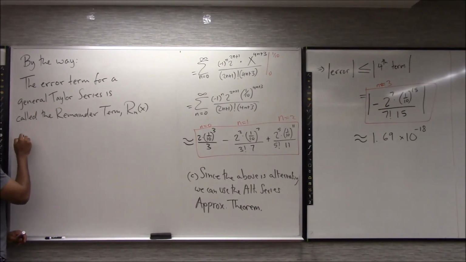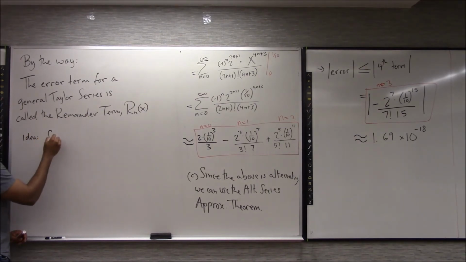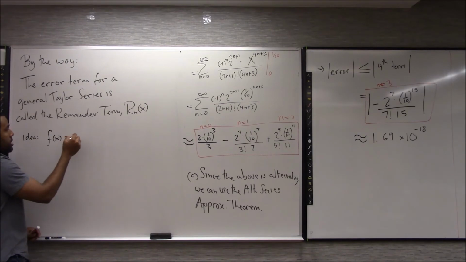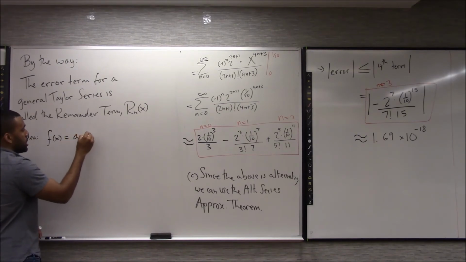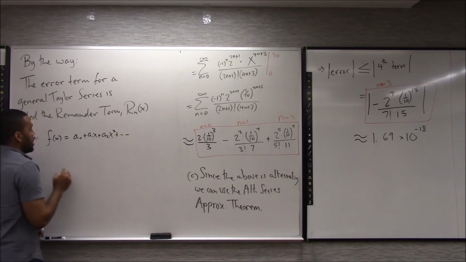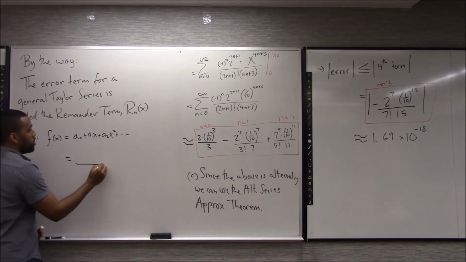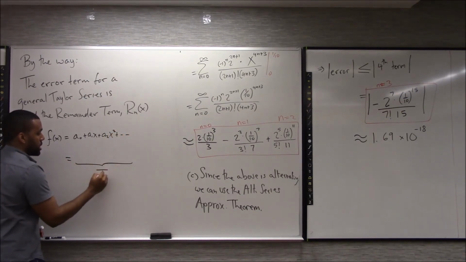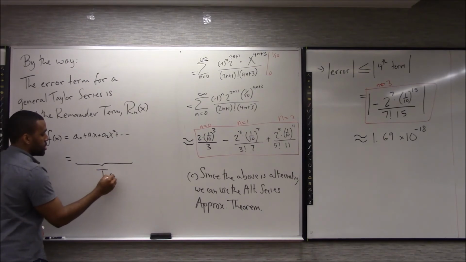the idea here is f of x, you start to write it out as a series, like a0 plus a1x plus a2x squared plus and so on. Let's say at some point you add up a finite number of terms, that's the Taylor series to n terms.